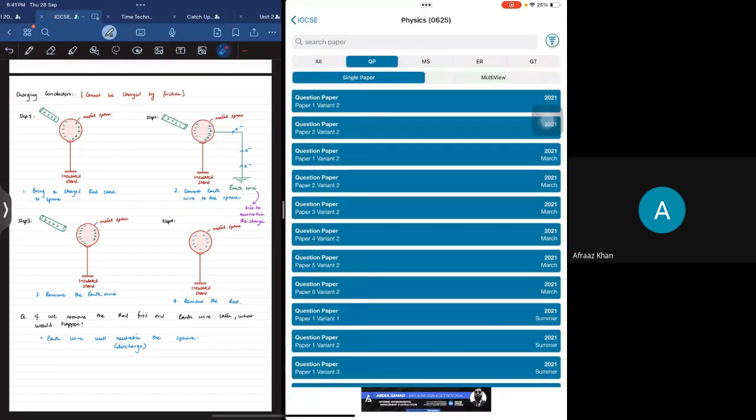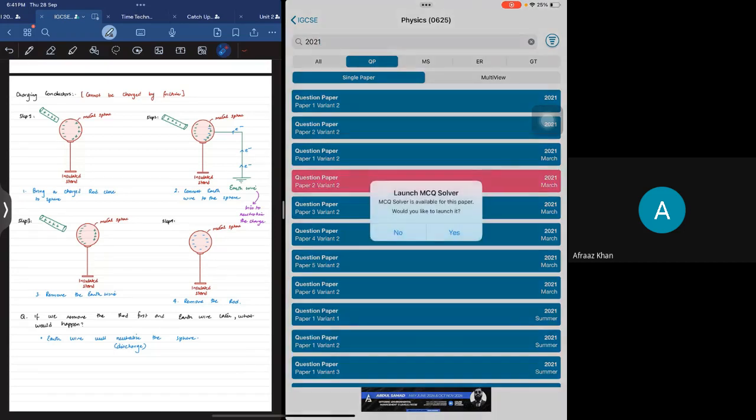Now let's look at a question. I want to quickly look at this. A very recent paper it is, 2021, February, March.